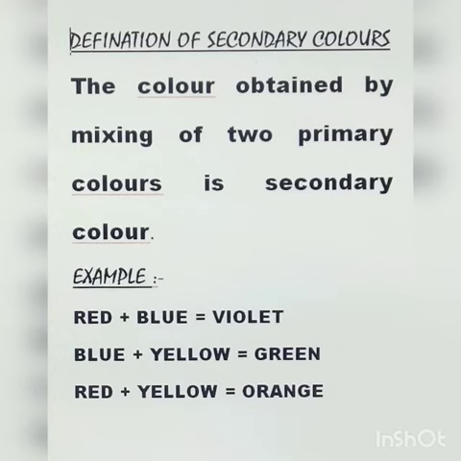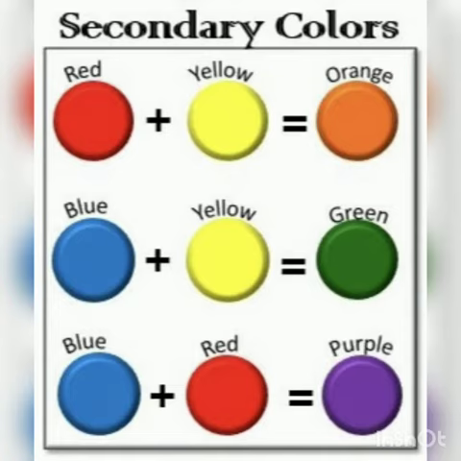Now secondary colors. The colors obtained by mixing two primary colors are known as secondary colors. For example, if we mix red and blue, we will get violet color, while if we mix yellow and blue, we will obtain green.